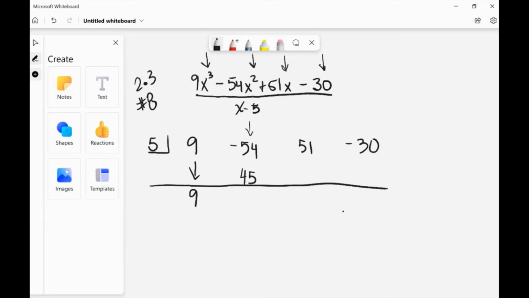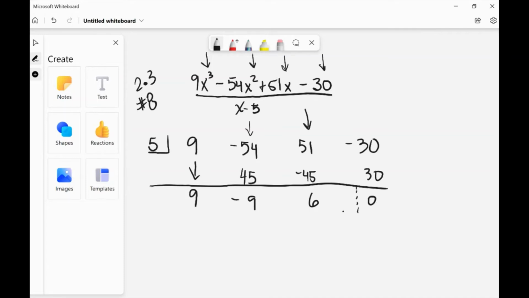Then we multiply negative 9 times 5 to get negative 45. And then we add, we get 6. Then we multiply 6 times 5, we get 30. All right, so our remainder is 0.